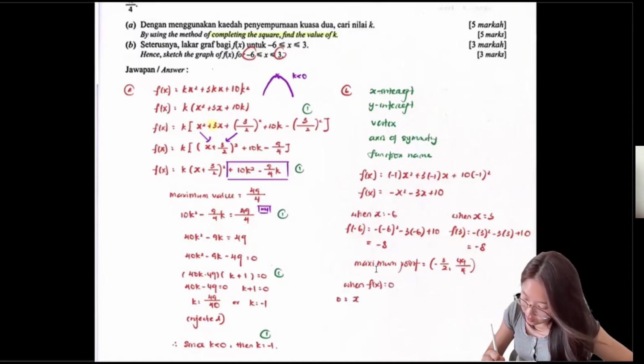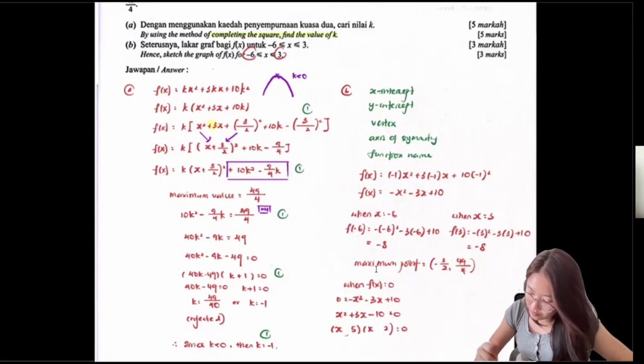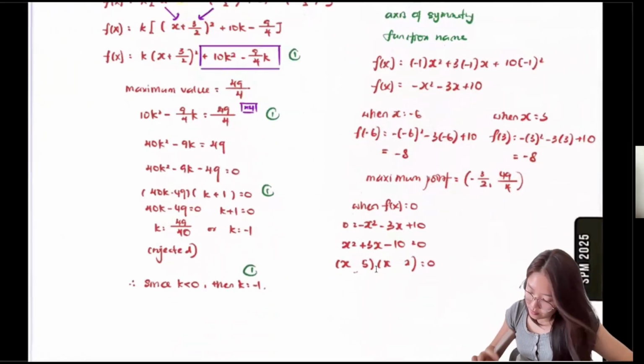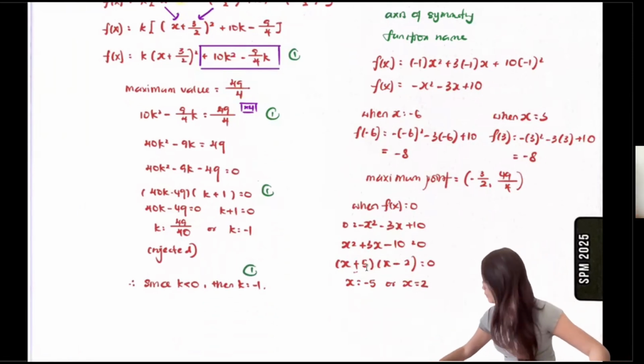Okay, so 0 equals to -x squared minus 3x plus 10. Okay, x squared plus 3x minus 10 equal to 0. So (x+5)(x-2). So your x-intercepts are -5 and 2. That's it.